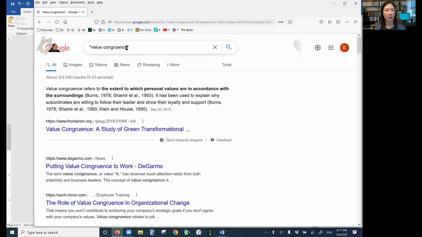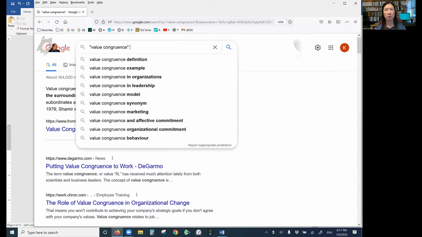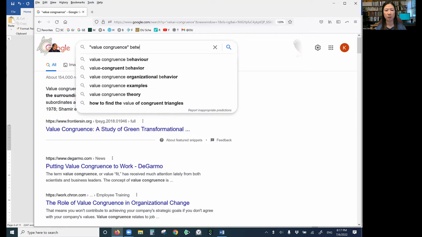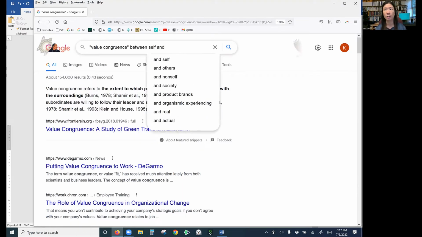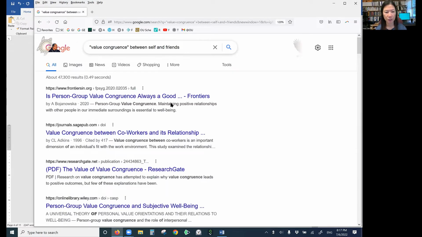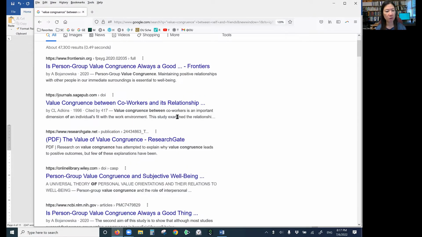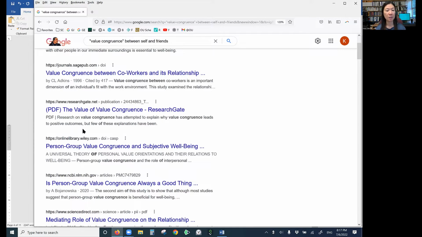Value congruence. And I want to know how I'm going to do it. So with value congruence, I want to know the gap between, for example, myself and, for example, friends. How do people say that? Person-group value congruence. Value congruence between coworkers. Why value congruence leads to positive outcomes?